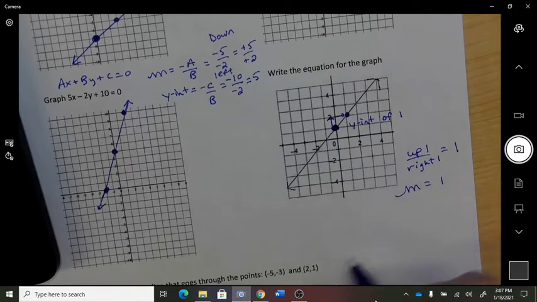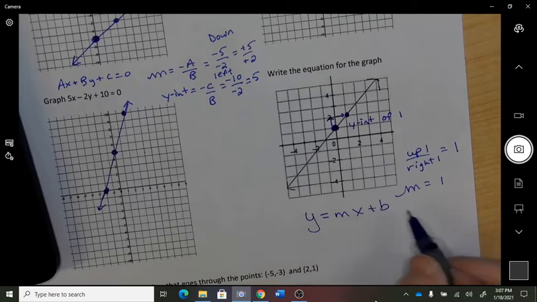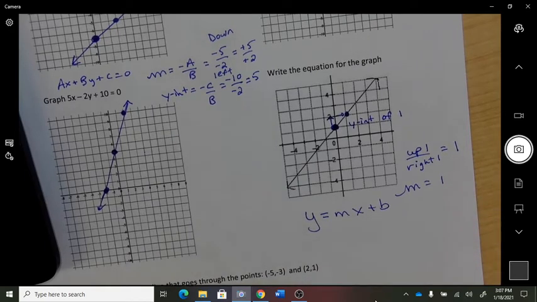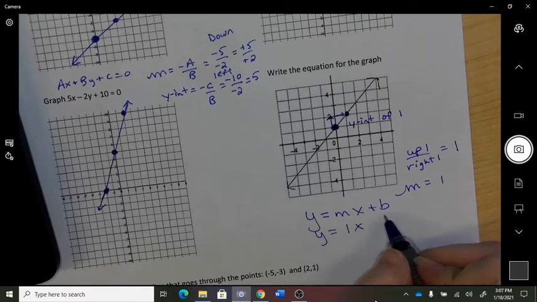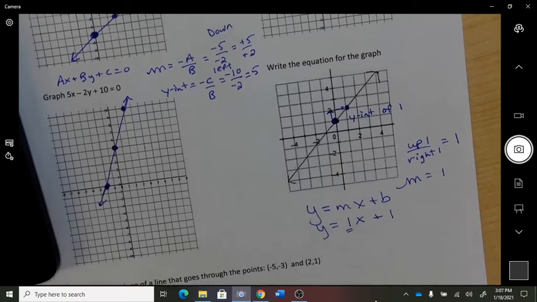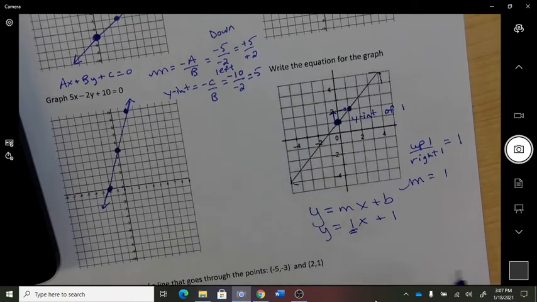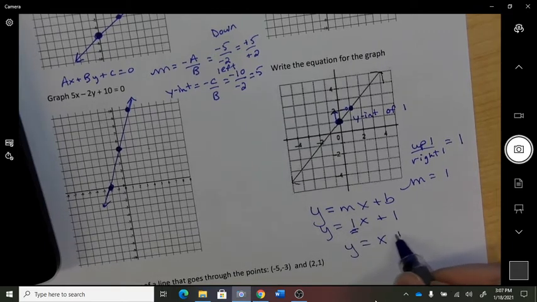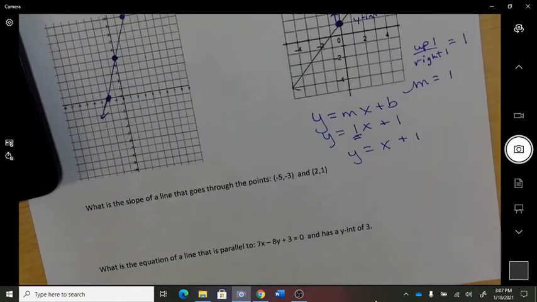So the slope is 1. So y equals mx plus b. Can you fill some stuff out? Y equals 1x for a slope plus 1 for the y-intercept. And in math, we don't really write 1x. It's not wrong, but that's how I would write it. Just x plus 1.